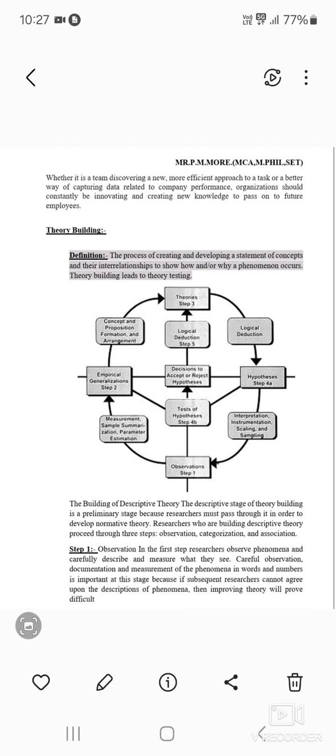Whether it is a team discovering a new, more efficient approach to a task or a better way of capturing data related to the company's performance, organizations should constantly be innovating and creating new knowledge to pass on to future employees.